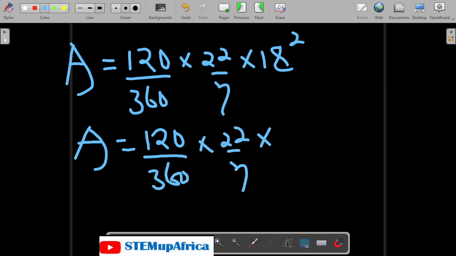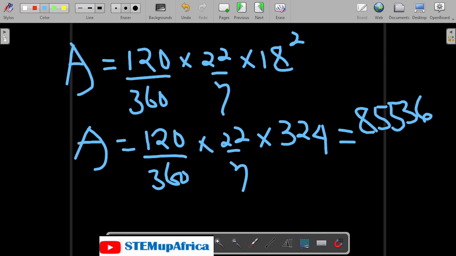What is 80 squared? It will give us 6400. Multiplying by 120 and 22, then 360 times 7 gives us 2520.